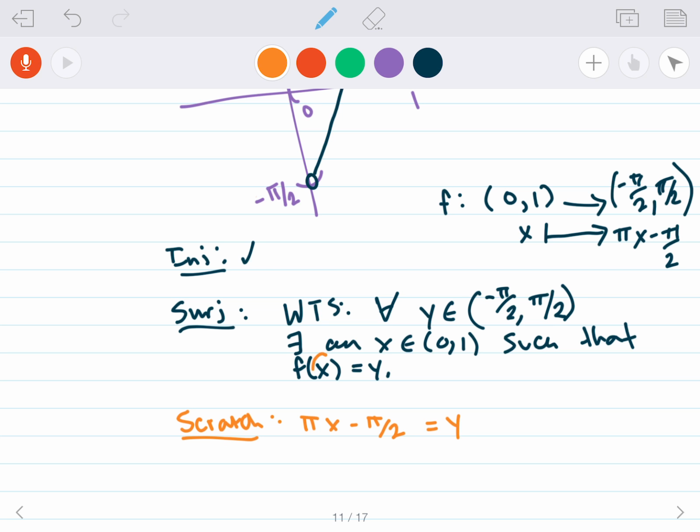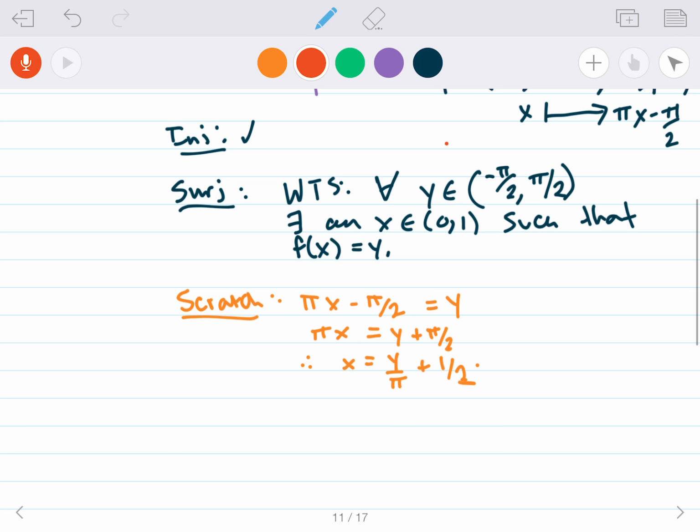I'm trying to figure out the x that makes that true, so I need to solve for x here. I'm just solving for x, and I want to be a little bit careful. Okay, so I get x is this.